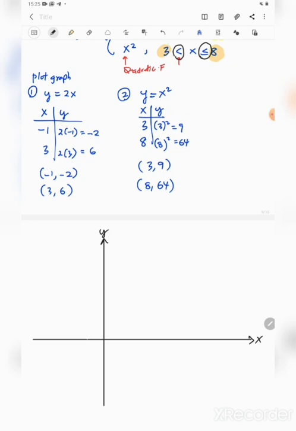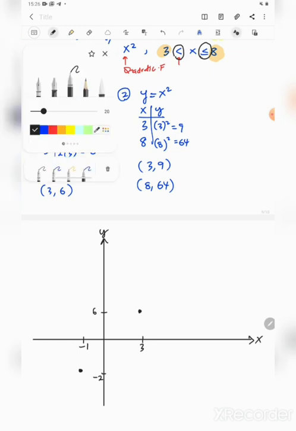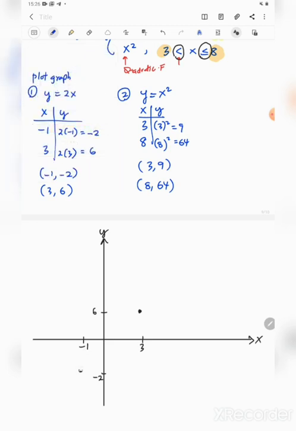So -1 is here, and -2. This is the point. And then 3, 6. We just estimate point 3 here and 6 here. This one will be a straight line, a straight line graph or linear graph. So we just connect these two.